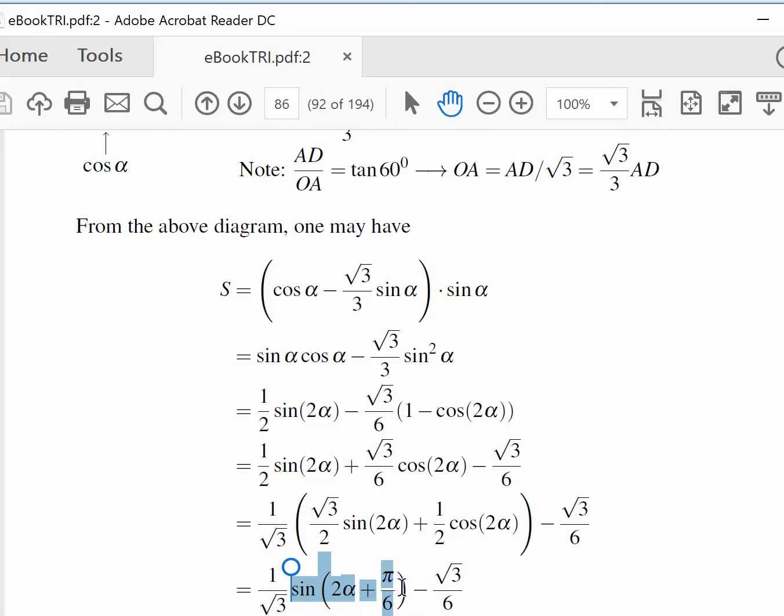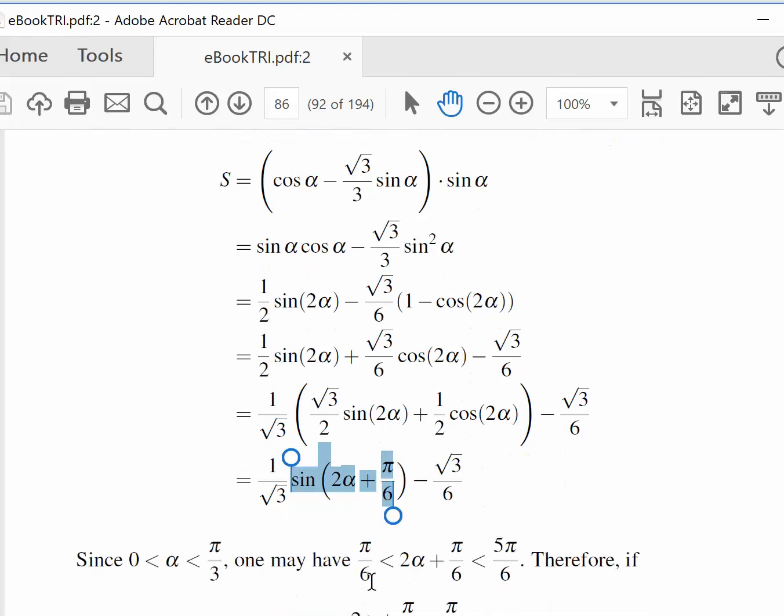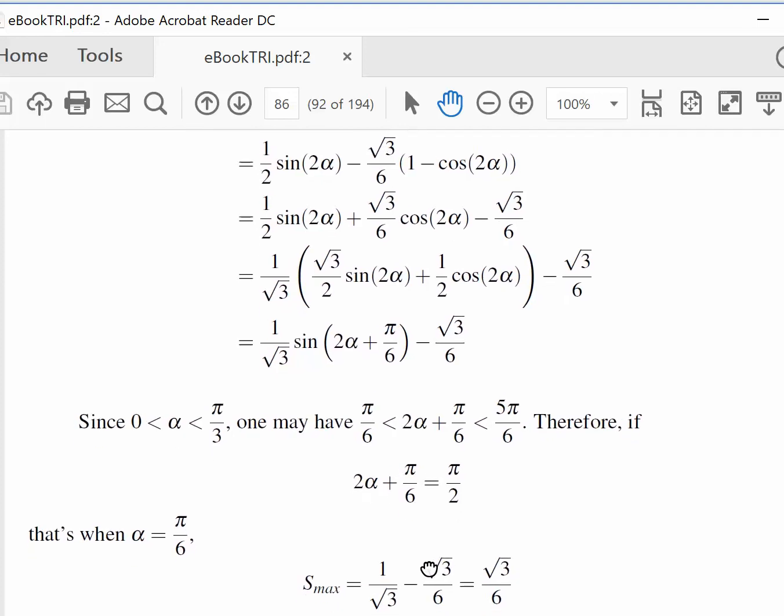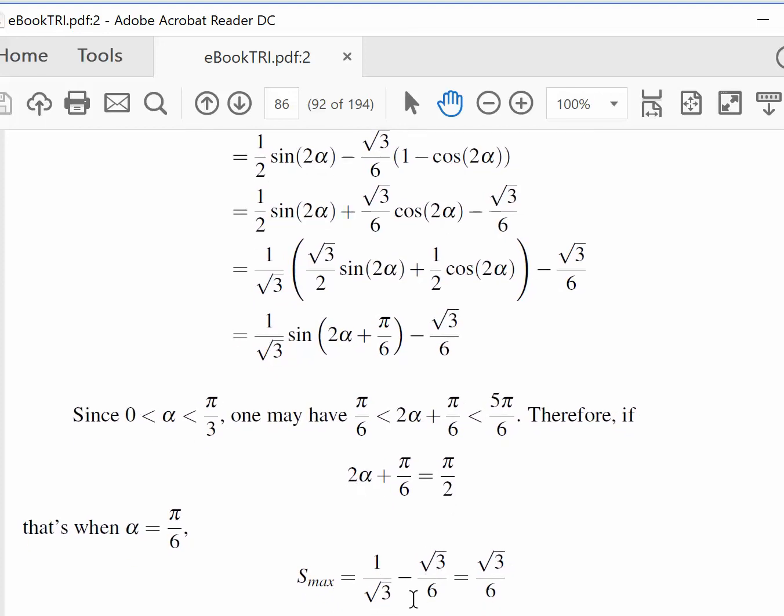Remember, the maximum value for sine is 1. So when sine of a quantity is 1, you will have sine quantity 1 times 1 over radical 3 is the maximum for this. Subtract radical 3 over 6, you then have that. Okay, now this eventually equals that.